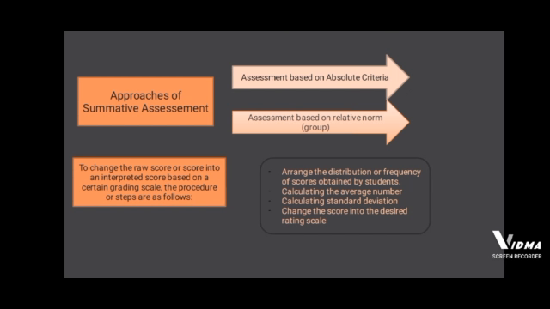And to change the raw score into an interpreted score based on a certain grading scale, there are the following steps. The first is to arrange the distribution or frequency of scores obtained by students, and then calculate the average number, calculate standard deviations, and change the score into the desired rating scale.